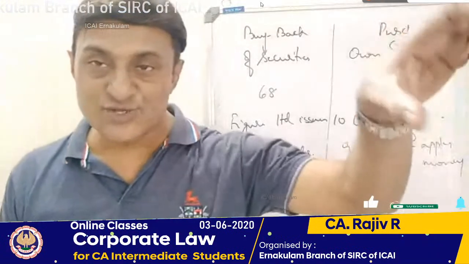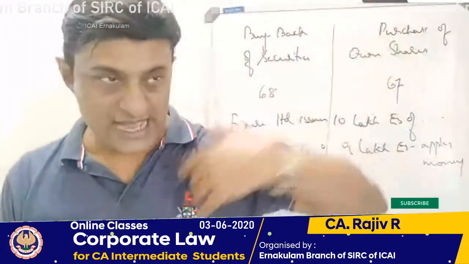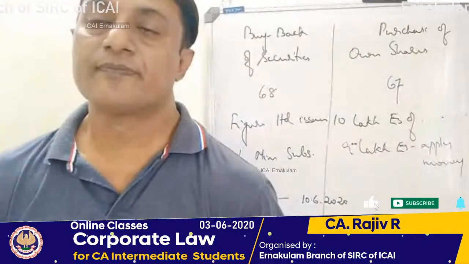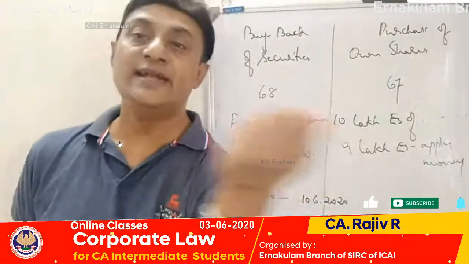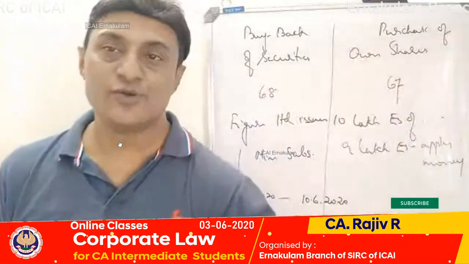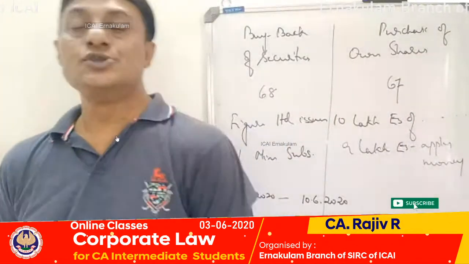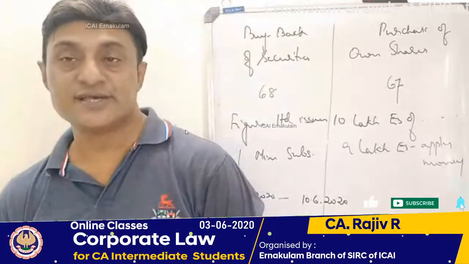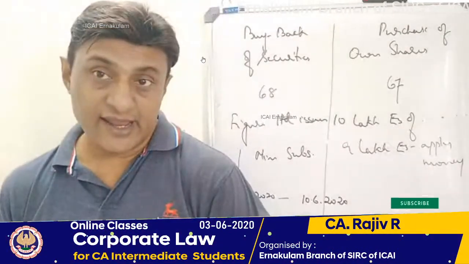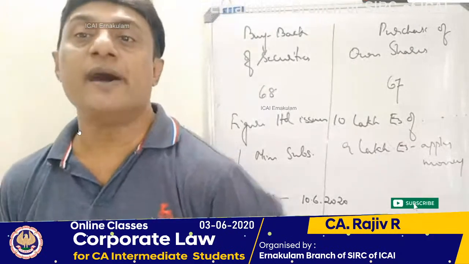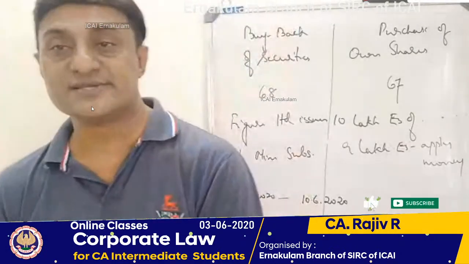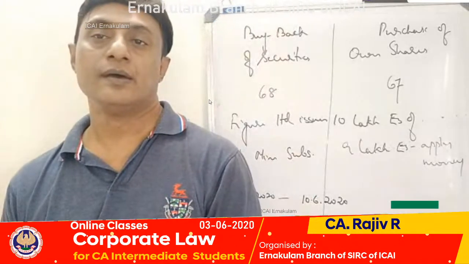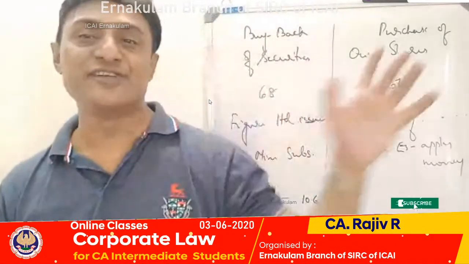Or this company catches hold of a partnership firm and says, come here, I'll give you a loan. You buy my shares. So that is indirectly purchasing your own shares. So no company shall purchase its own shares directly by acquisition or indirectly by funding somebody else. See the major difference between it.